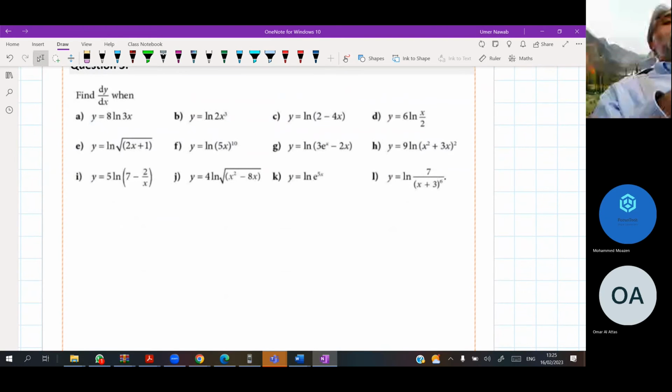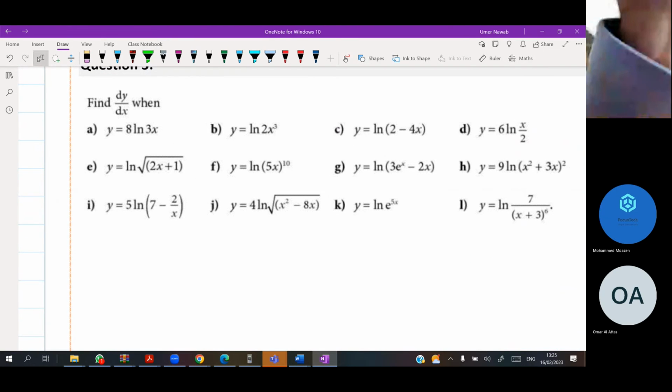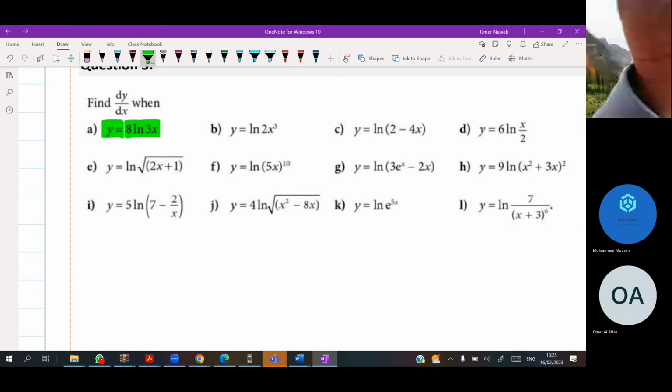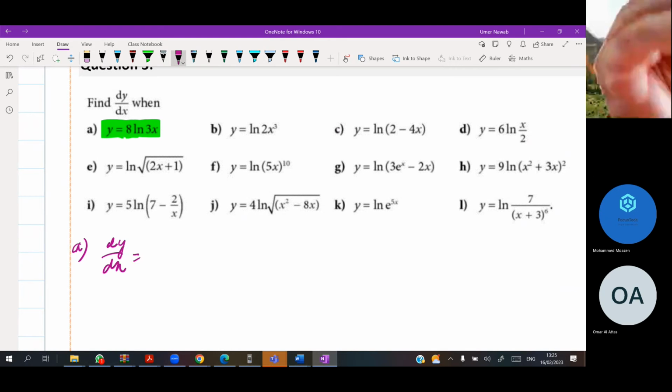Then we have another topic which is coming in the final exam, the logarithmic functions. You need to understand how the derivative of a log function is found. Part A is pretty simple, dy by dx. 8 is a coefficient, you keep it.